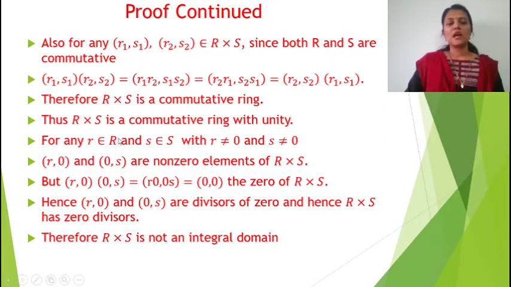Therefore, R cross S is a commutative ring with unity. Now, for any r element of R and s element of S with r not equal to 0, s not equal to 0, consider the two elements (r, 0) and (0, s), which are non-zero elements of R cross S. But their product (r, 0) into (0, s) is equal to (0, 0), which is the 0 of R cross S. Hence (r, 0) and (0, s) are divisors of 0, and hence R cross S has 0 divisors.